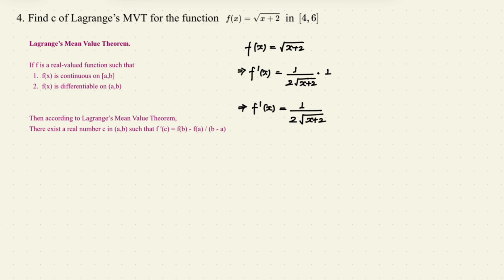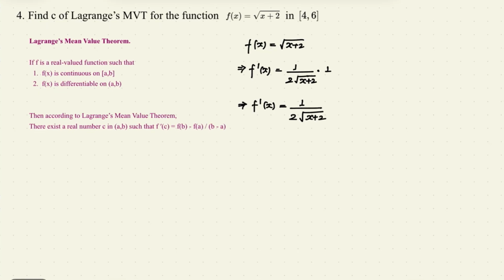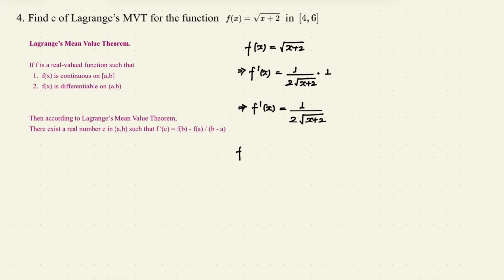Now by Lagrange's mean value theorem, there should exist a real number c between 4 comma 6 such that f dash of c will be equal to f of b, that is f of 6, minus f of a, that is f of 4, over 6 minus 4.